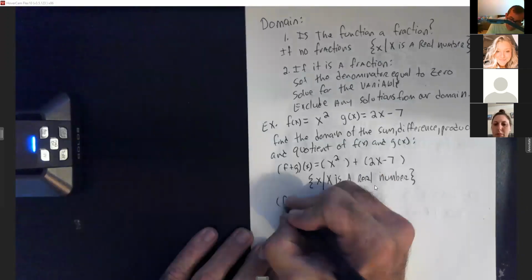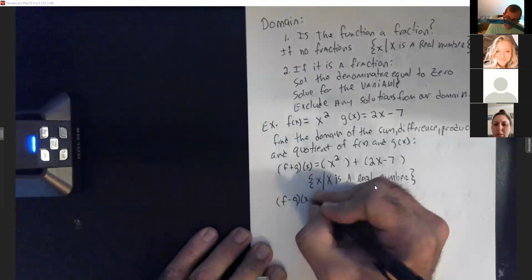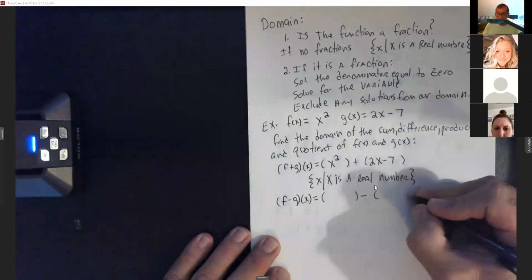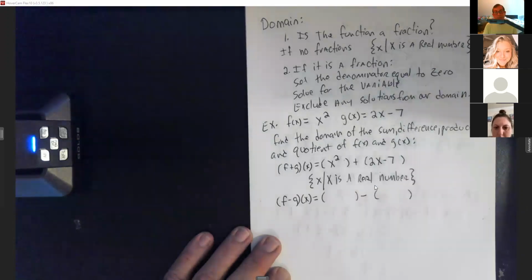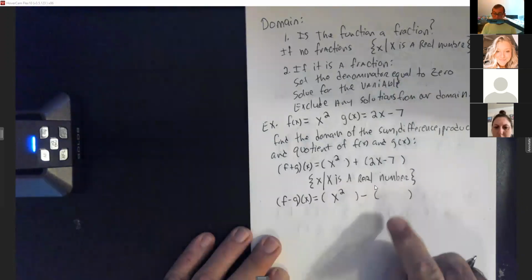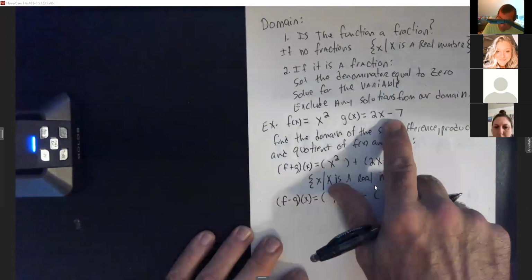Let's look at f minus g of x. F minus g of x will be my f minus my g. Well, my f is still x squared I'm putting in. My g is still going to be the 2x minus 7.